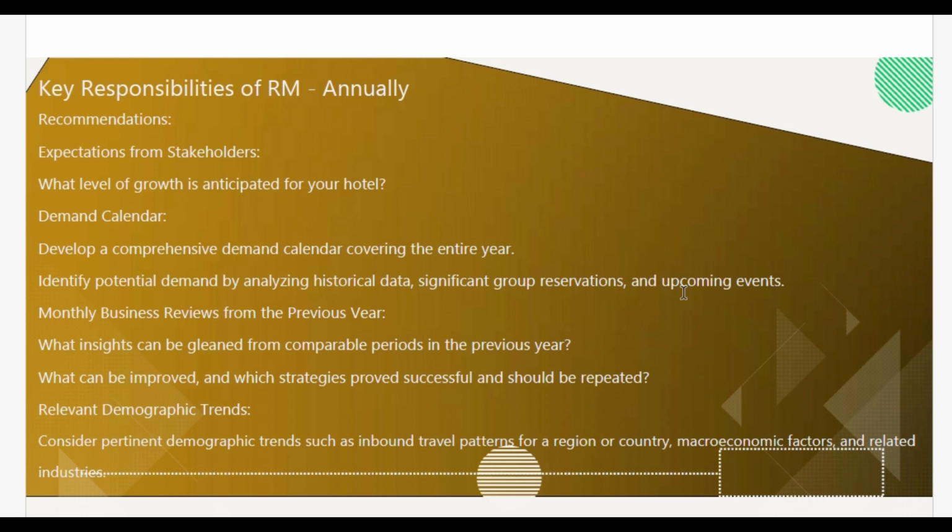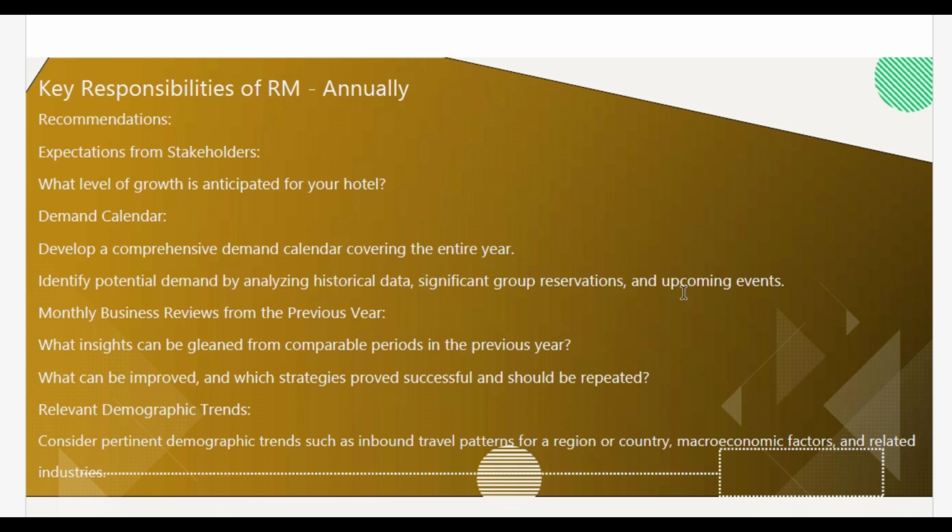You also need to look at the bullet points or the discussions you had in the monthly business review meetings of the previous year. That would give you some insights into what was happening in the last year and how you can make use of those data points. What insights can be gleaned from comparable periods in the previous year?